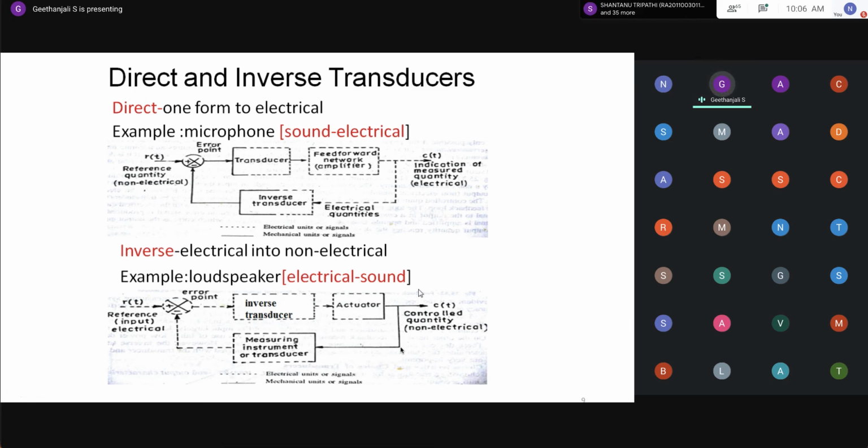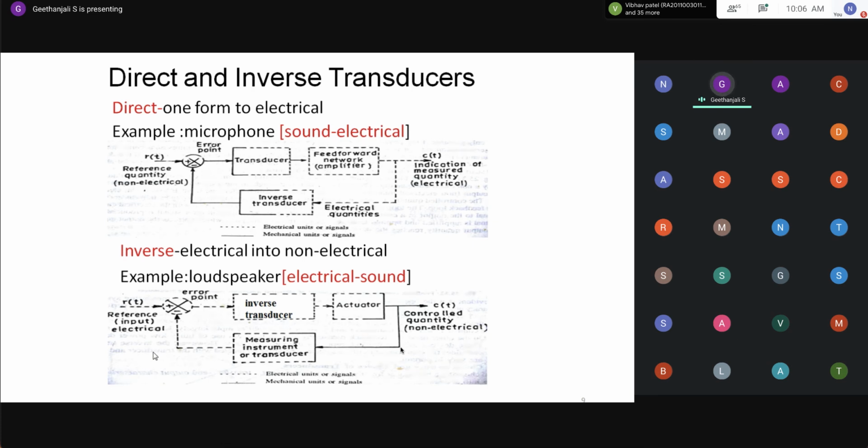Then what happens here is there are three blocks, same as the previous case, and we are taking some portion of the output here, then it is given to the input as a feedback. R of t, the reference input, is electrical. The error point will be there. We have to generate the error over here. Then the input as well as the feedback is given to the error point.